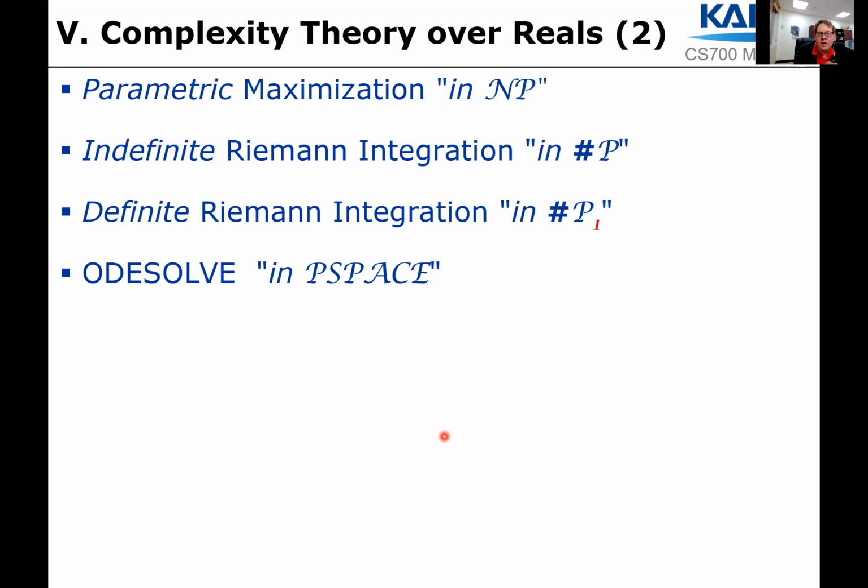And solving ordinary differential equations turned out to belong to the complexity class PSPACE, as attained both by Euler's method and by higher order Runge-Kutta methods, all incurring computational bit costs corresponding to polynomial space.